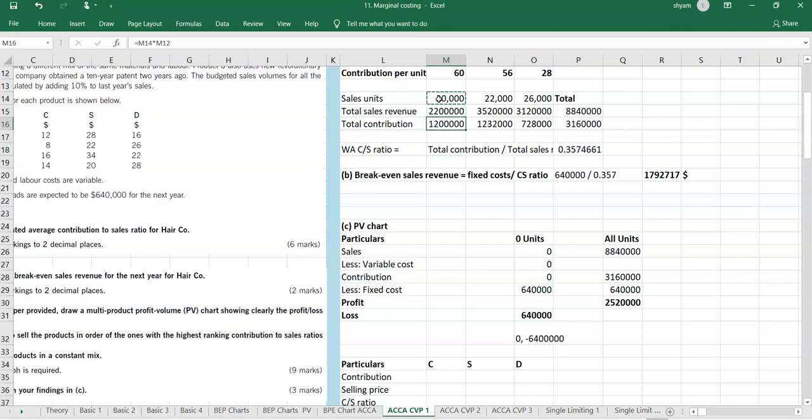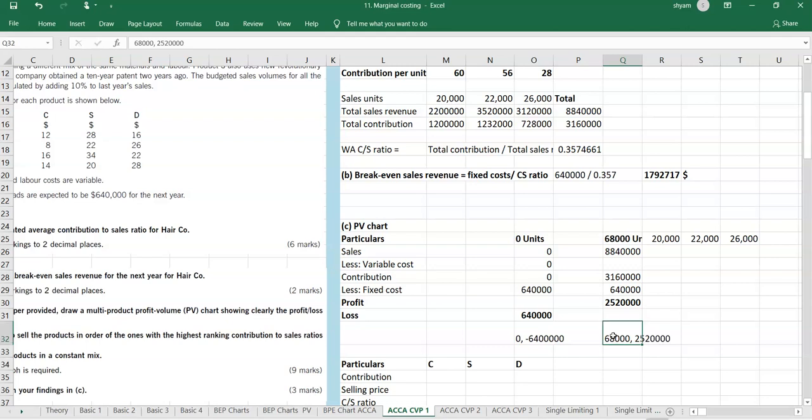If you want, we can put the units here. All the units put together comes to 68,000 units, comma 2520.